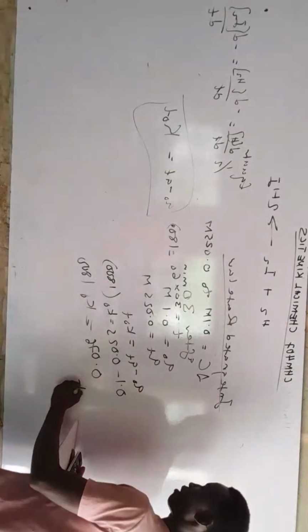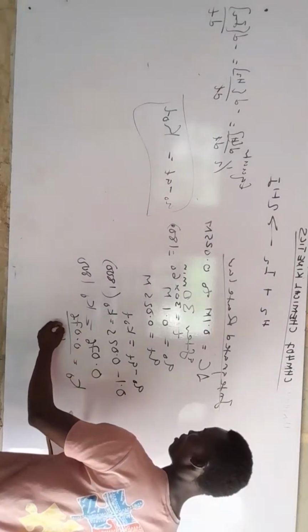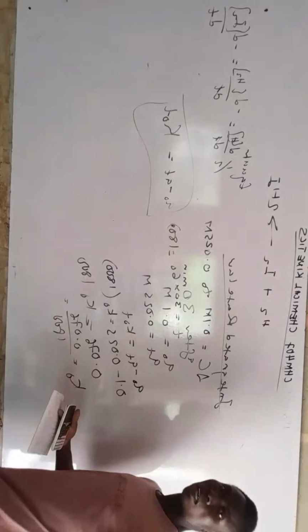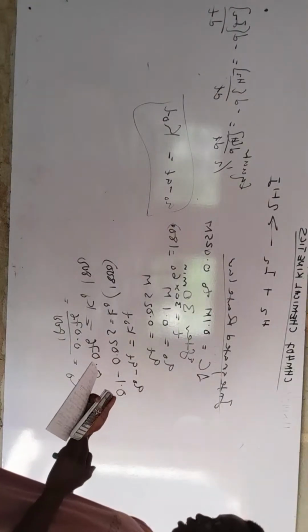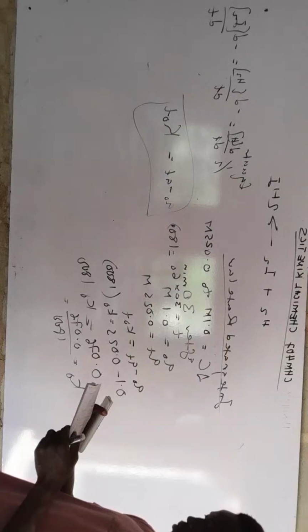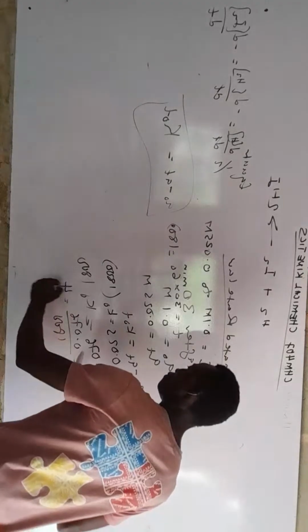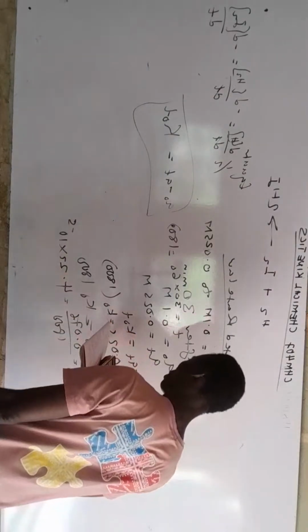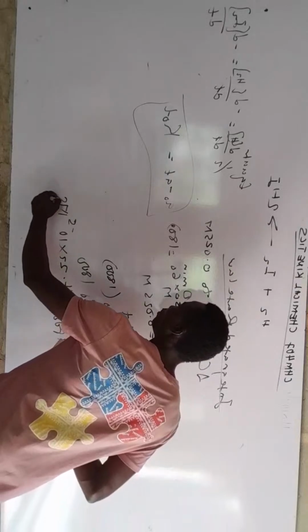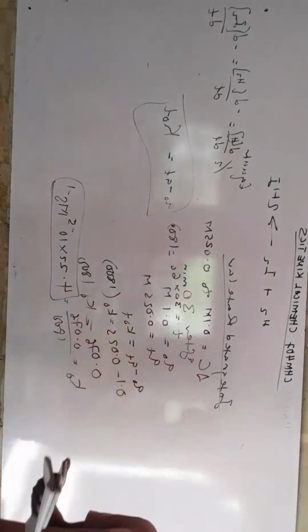Dividing both sides, we have K naught equals 0.075 divided by 1800. And what would that eventually give us? That will give you 4.22 times 10 raised to the power -5 mole per second as the final answer there.